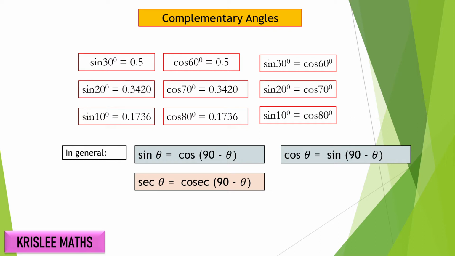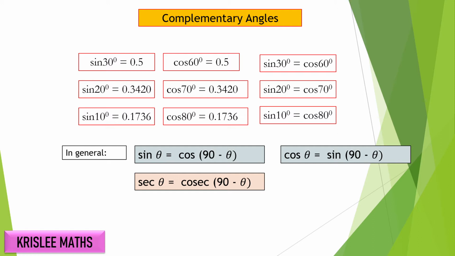Okay, now let's see the relation between secant and cosecant. The cofunction of secant is cosecant. Therefore, if theta is the given angle, the complementary angle will be 90 minus theta.